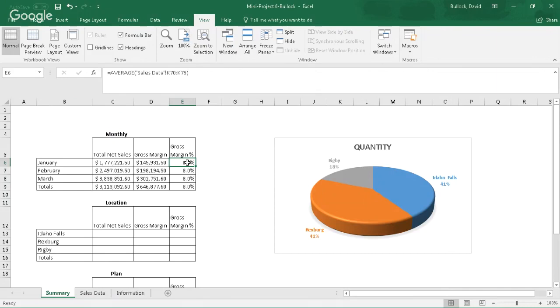Yeah, that's what it says in the instructions, instead of taking an average off of your sales data sheet. Should I just do it right from this sheet? Those 2 cells right there, yeah. So you just do gross margin, the middle column, divided by the first column. So this equals D divided by C. Yep.